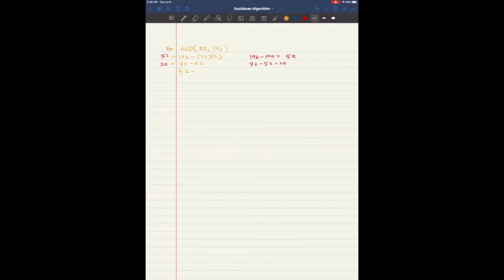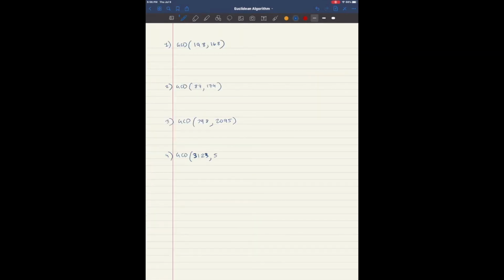Since 52 times 2 is definitely bigger than 72, we take 72 minus 52, which is 20. Our next pair of numbers is therefore 20 and 52. 52 minus 2 times 20 is 52 minus 40, which is 12. So our next pair of numbers is 12 and 20. 20 minus 12 is 8, and the GCD of 8 and 12 is 4. So the GCD of 72 and 196 is 4.